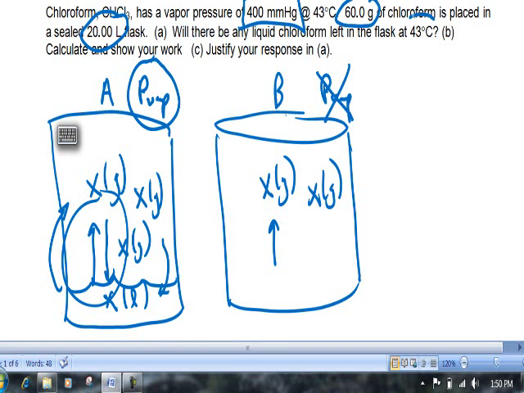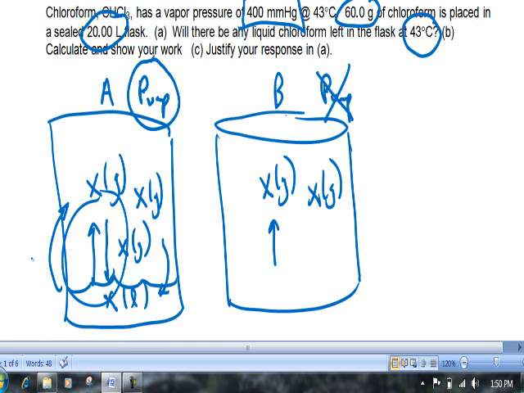This occurs at a temperature of 43 degrees Celsius. So what we're going to try to figure out is whether there's sufficient liquid in this container to evaporate, saturate the gaseous space with gaseous chloroform particles and establish an equilibrium reaching the vapor pressure. Or is there insufficient liquid to reach that point?